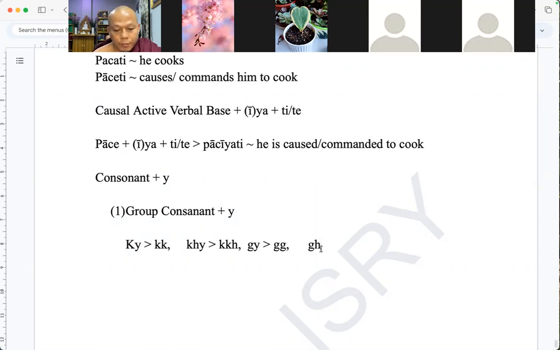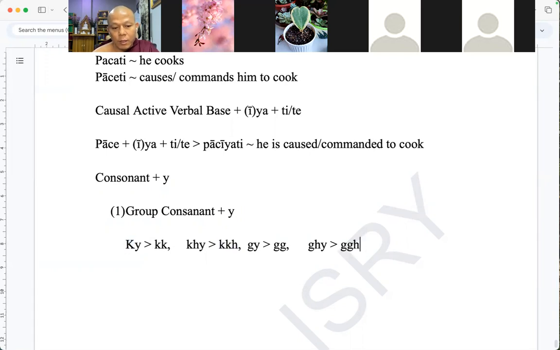You see, ka is a non-aspirate sound without ha, and kha is an aspirate sound with ha. But we don't have kha kha, only ka ka and kha. So such an assimilation can be seen.